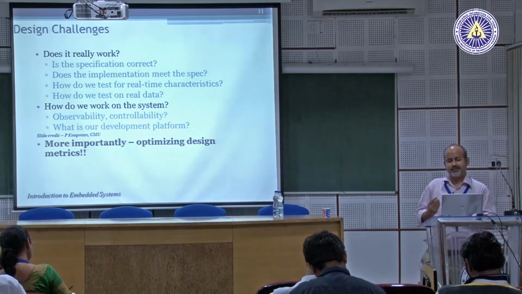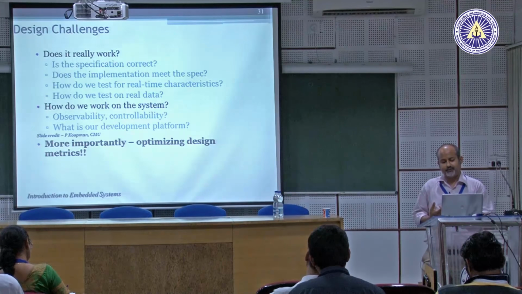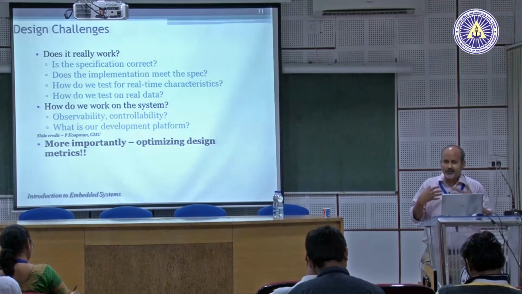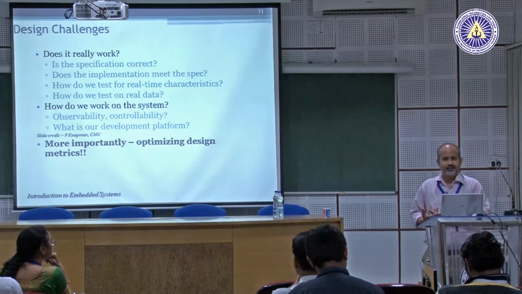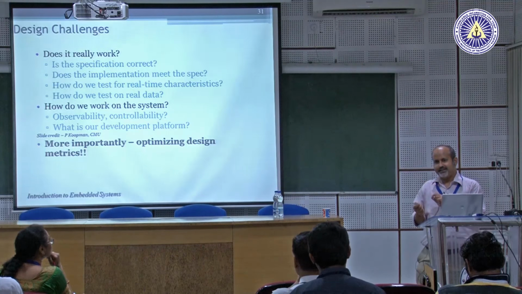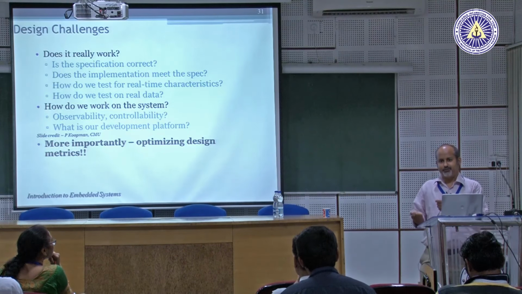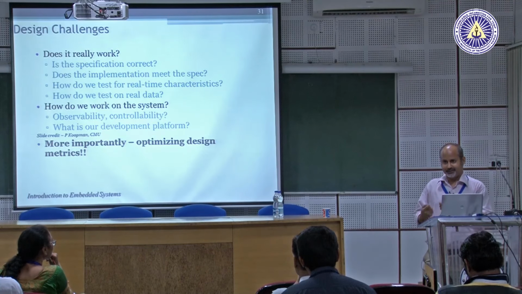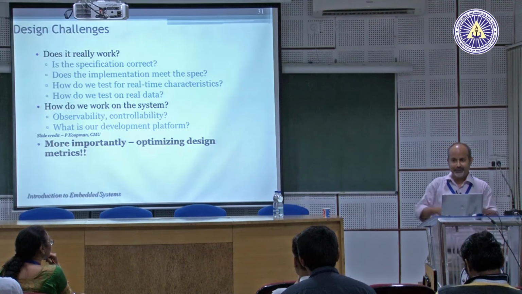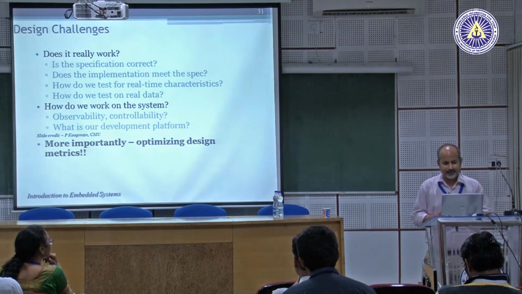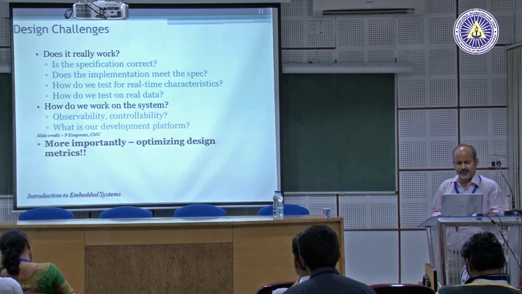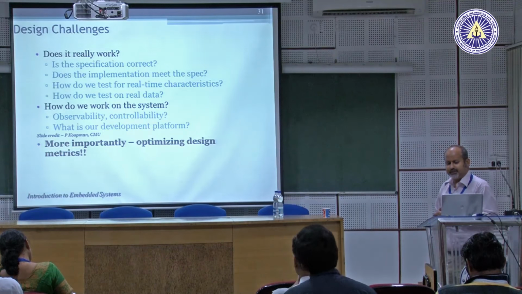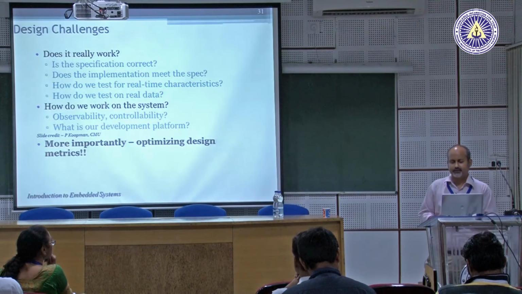Although this system was tested in the laboratory for a long time, this happened in a very specific case that was not reproduced in the laboratory, so they could not imagine this could happen, and the whole multi-million dollar mission was completely useless because of this priority inversion bug. There are many other examples like that. So testing for real-time characteristics is very, very difficult.